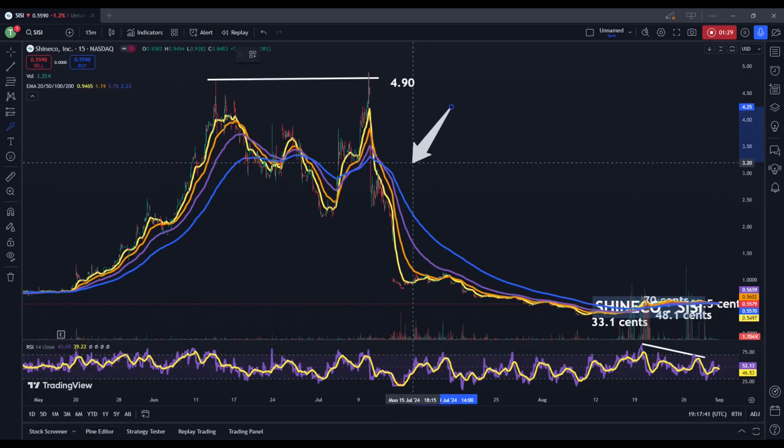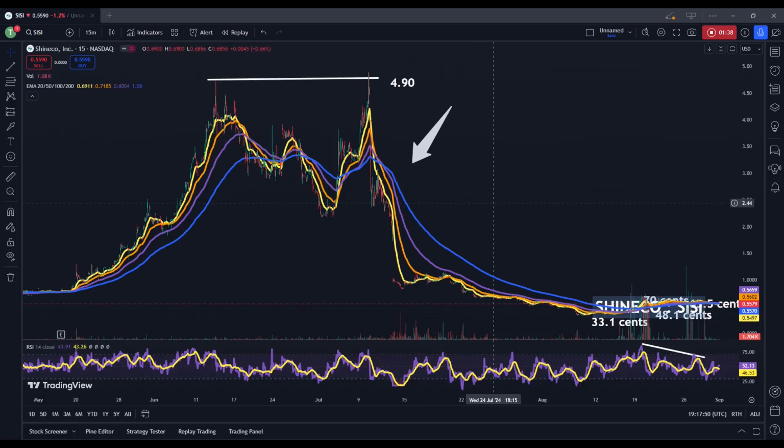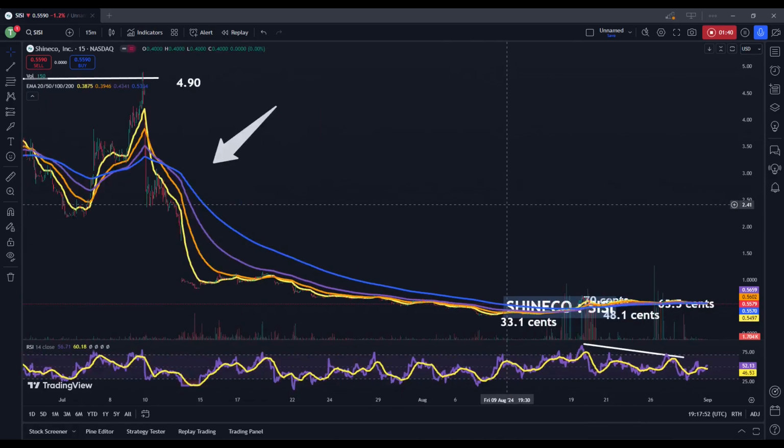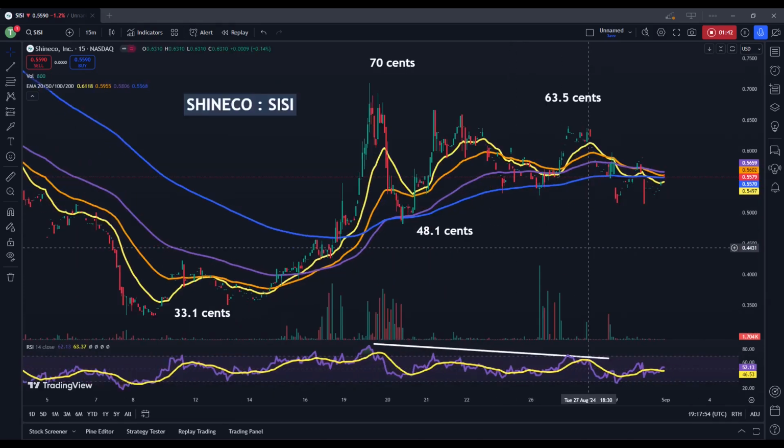I would be interested in hearing from people that are currently long this stock. I would like to know if people are currently underwater in their position, if the position is currently profitable, or if there are losses currently in the trade, because when you see that type of decline, really a dramatic, huge decline like that, it can really cause people to lose large sums of money very quickly.